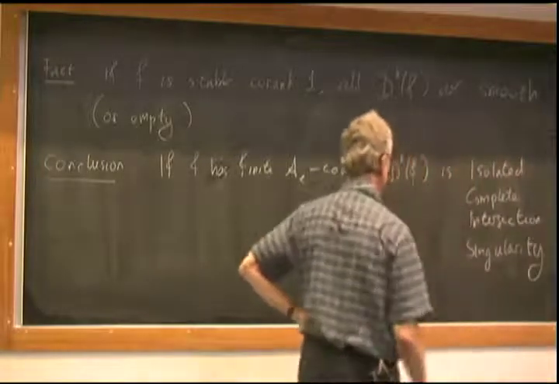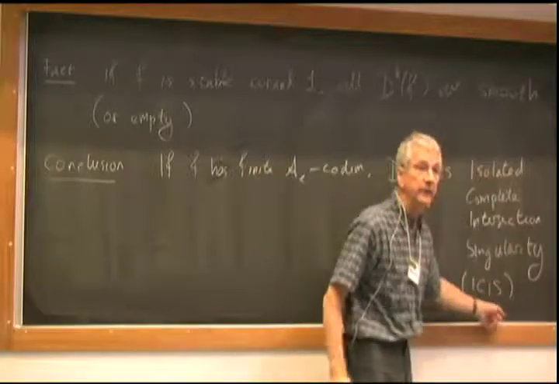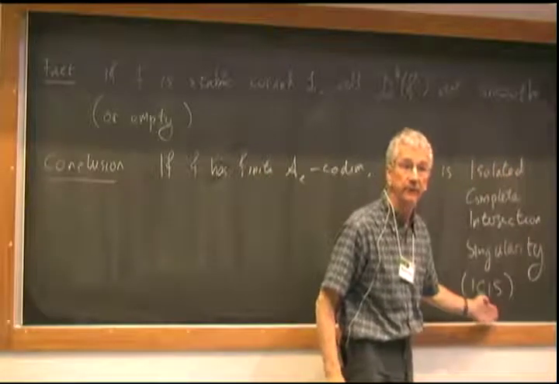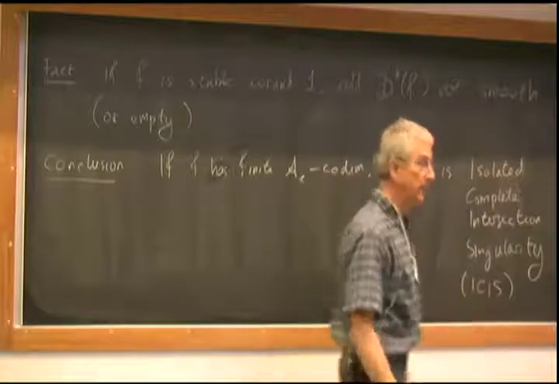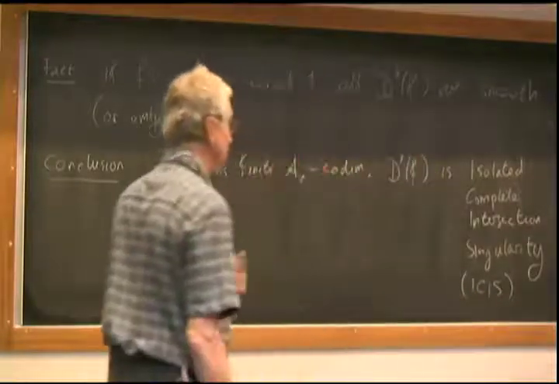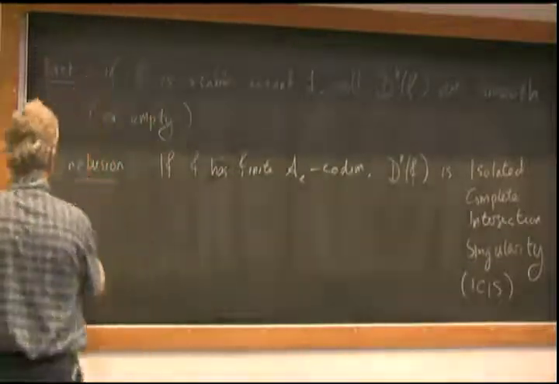So that's an ICIS. And these singularities are very well understood. This is the part of singularity theory that's most complete, ICIS. So now I want to draw another conclusion.